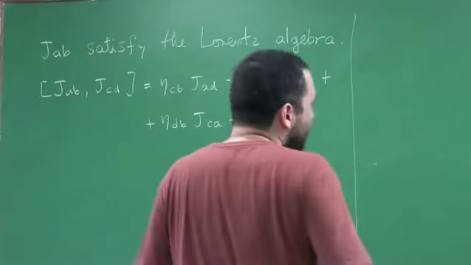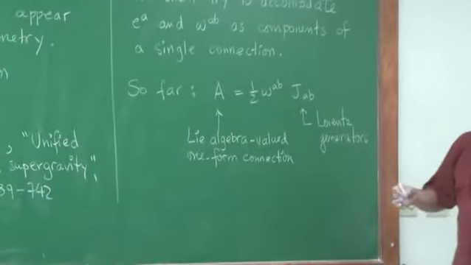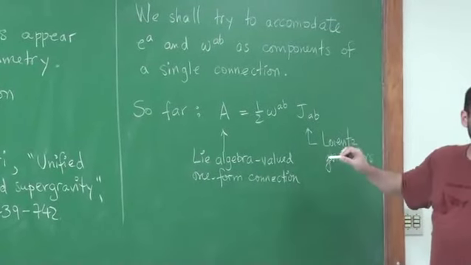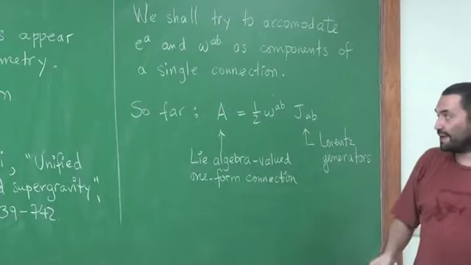And why does it make sense to write this? To produce this complicated object. This is a one-form, this is a Lie algebra generator, this is the combination of the two. Why does it make sense to write this?